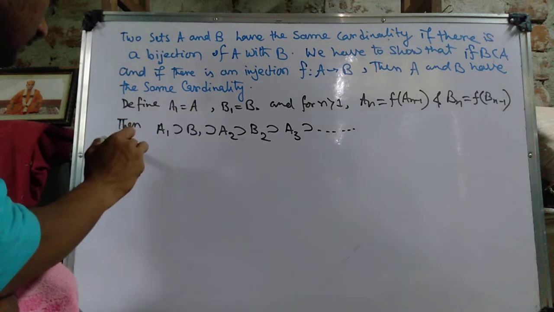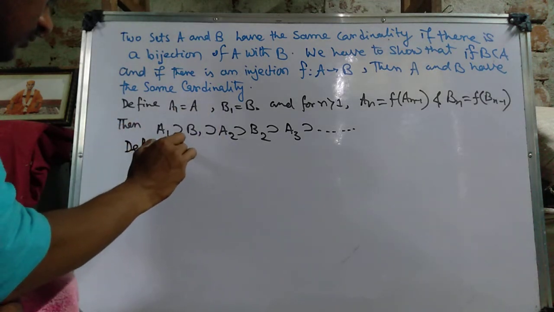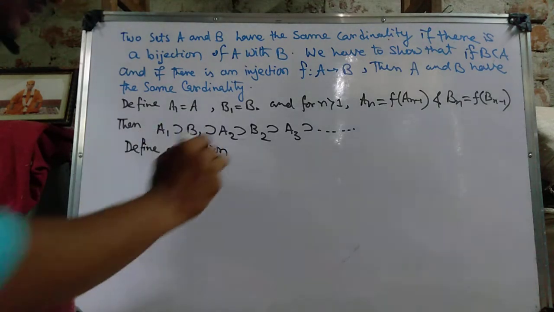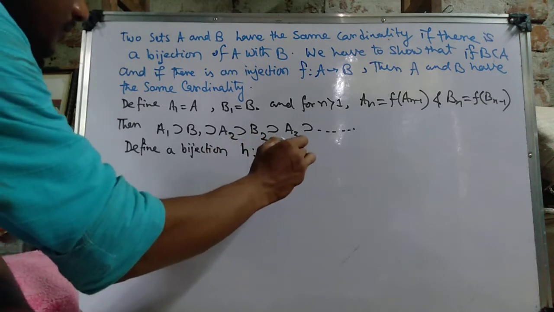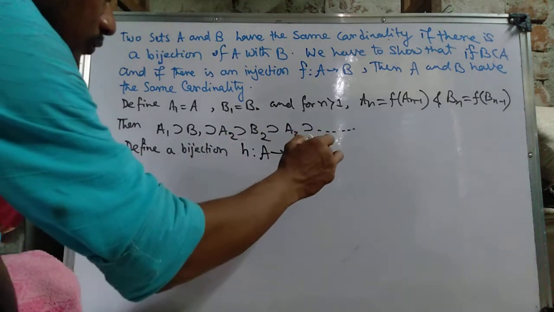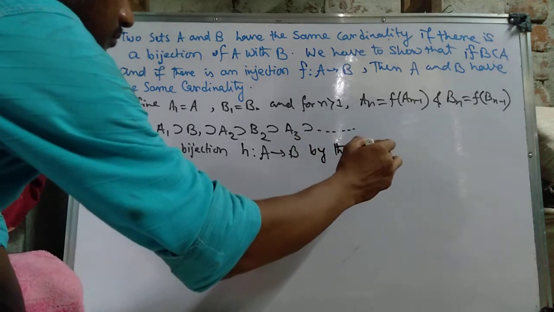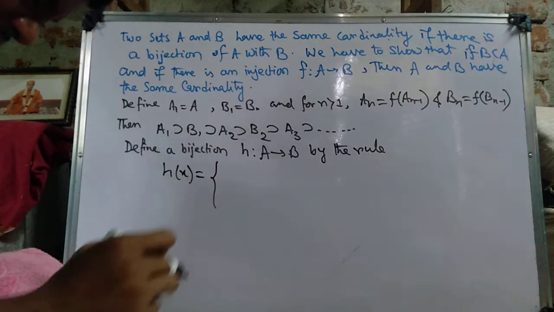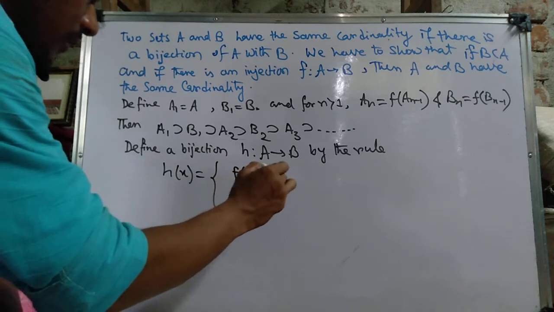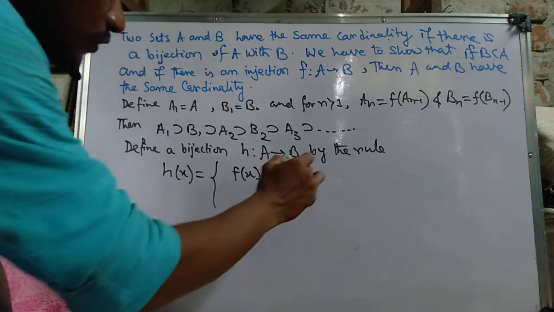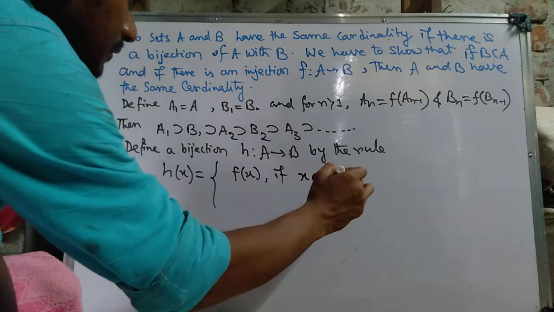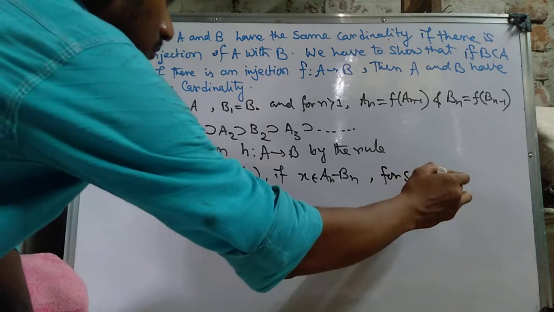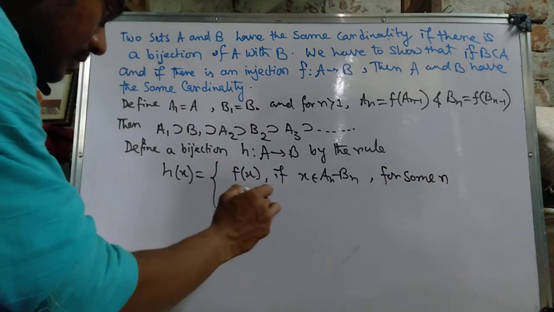Then define a bijection h from A to B by the rule h(x) equal to f(x) if x belongs to An minus Bn for some n, and x otherwise.